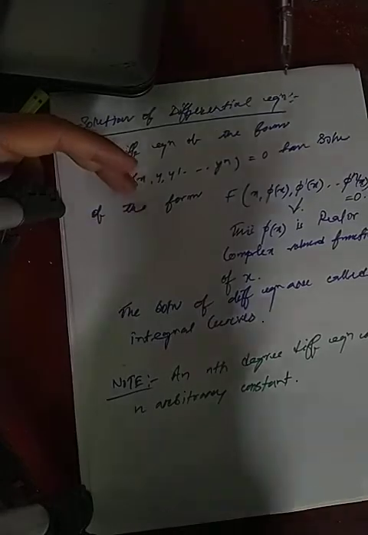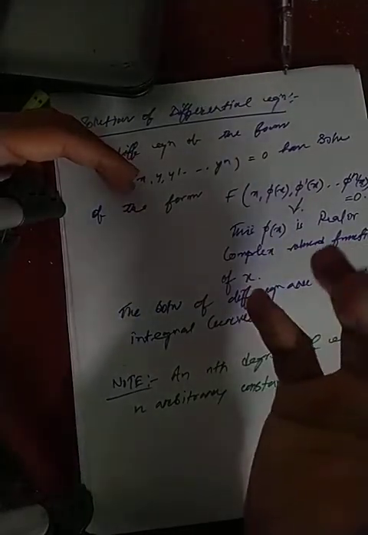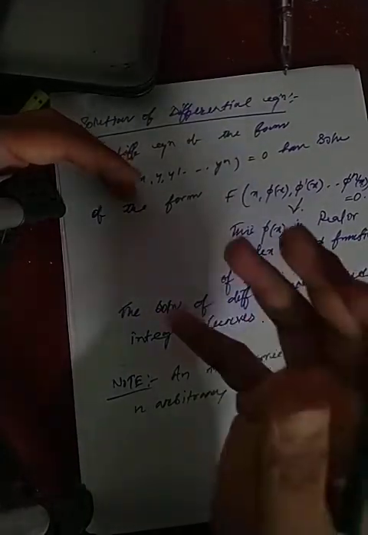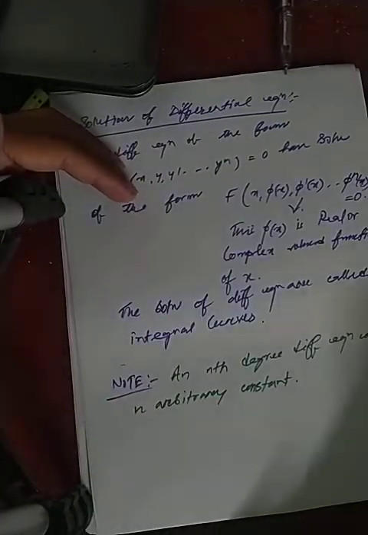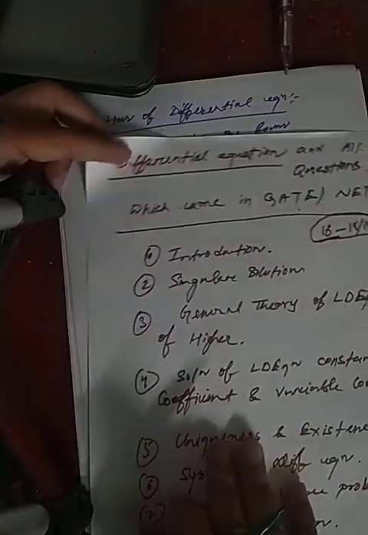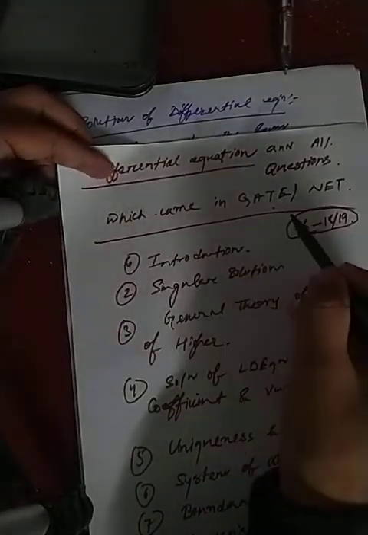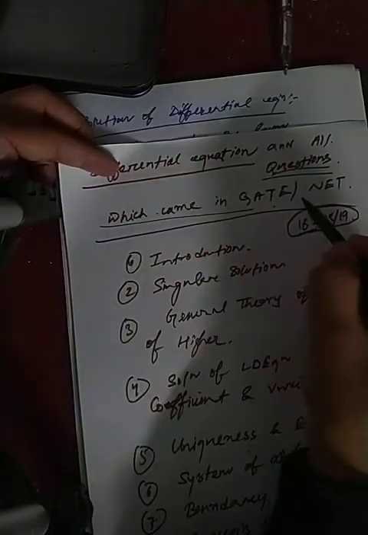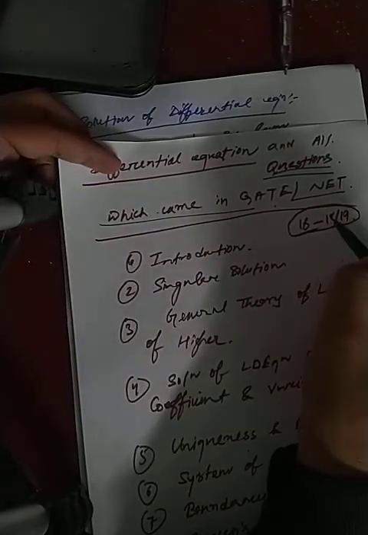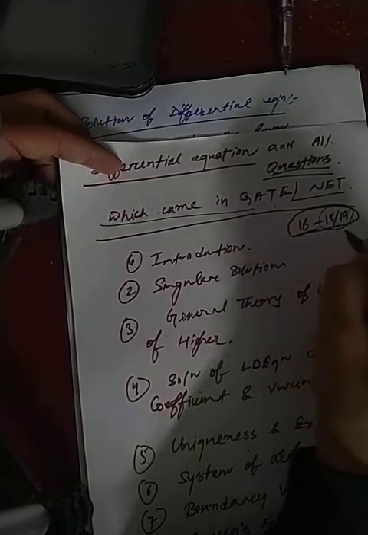We are going to cover the whole course of differential equations as a revision, with all the topics and all the questions which came in GATE and NET, and we aim to complete this by 18 or 19 2021.